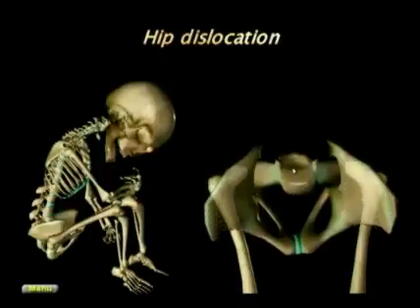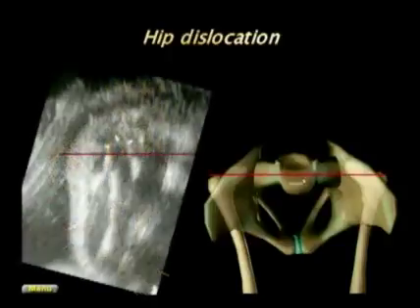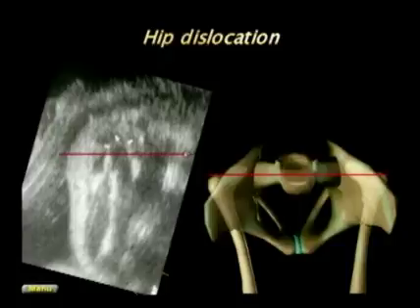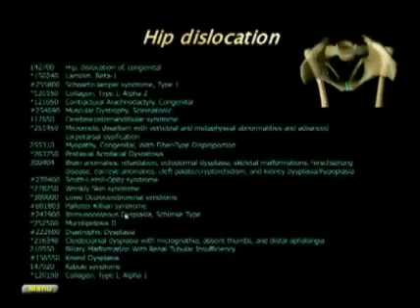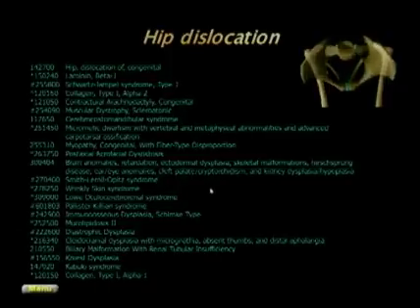So if you have posterior hip dislocation, expect that this line is going to go behind the bladder or is going to go through the sacrum. And this is what you see over here. This is the femoral head, this is the bladder, and this is the second femoral head. And you see that this line is way past the bladder in this fetus. And there's a great number of conditions that are associated with hip dislocation.